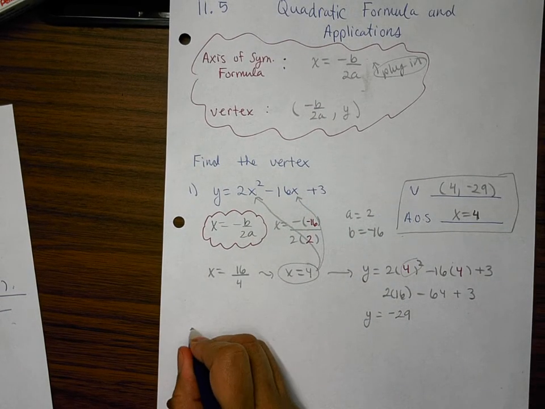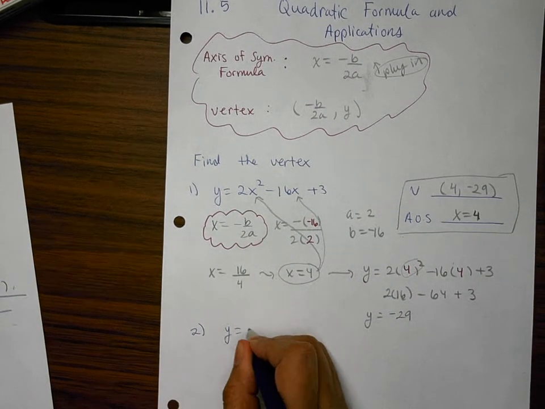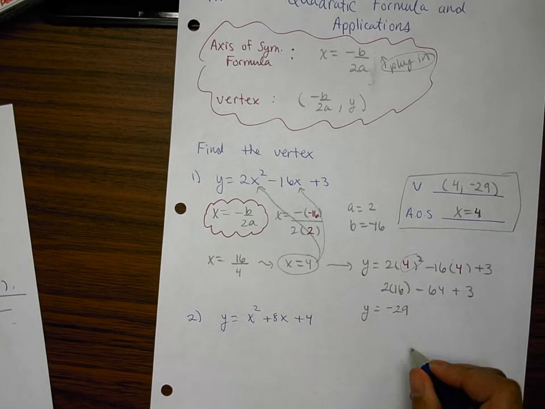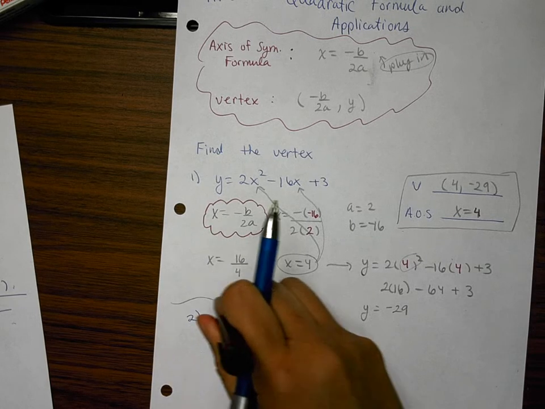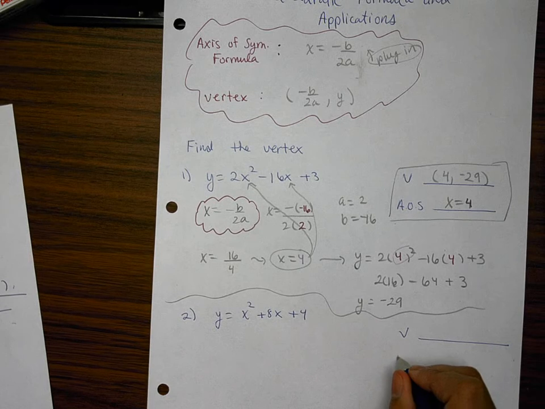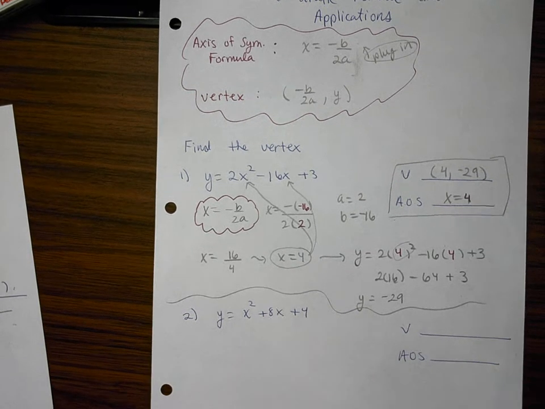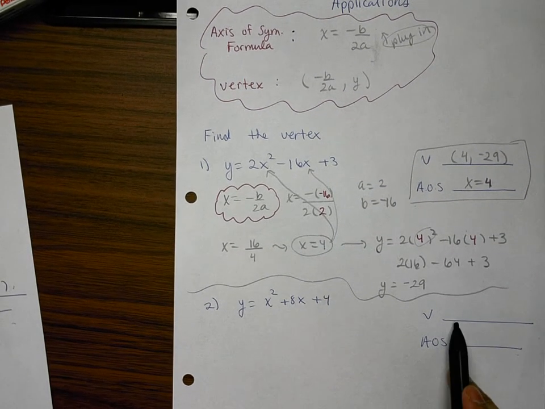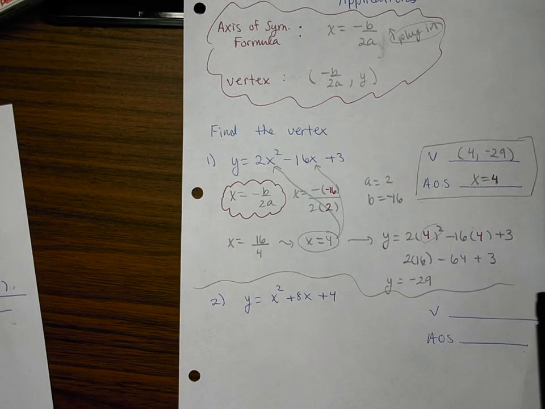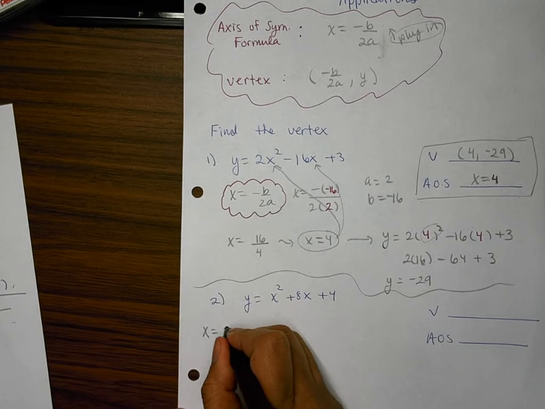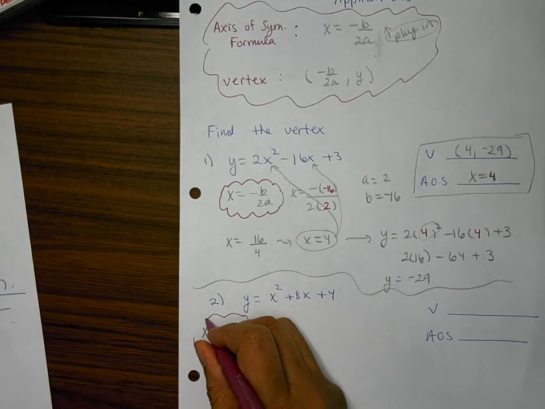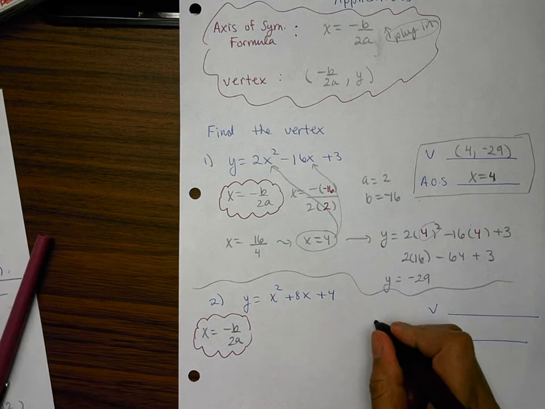Number 2. Y equals x squared plus 8x plus 4. V for vertex, blank. AOS for axis of symmetry, blank. Okay, so even though it asks for the vertex first, we are going to find the axis of symmetry first using our formula. X equals the opposite of b over 2a. So over here I'm going to write my a and my b.